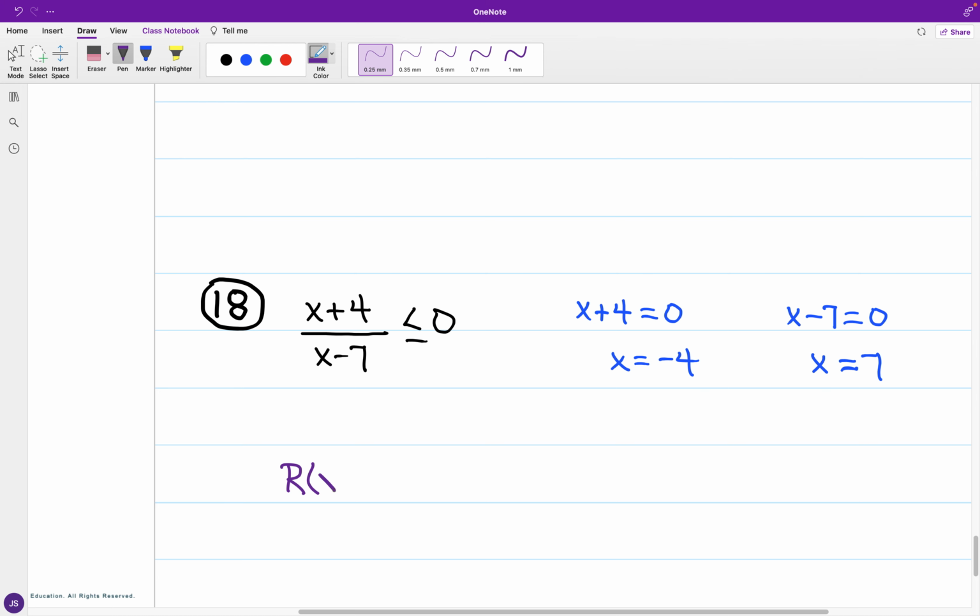We already have our inequality expressed in terms of less than or equal to 0, so our rational expression is r of x equals x plus 4 all over x minus 7.